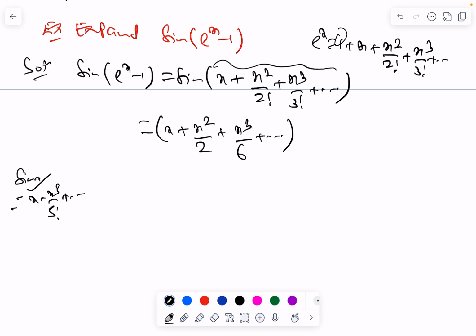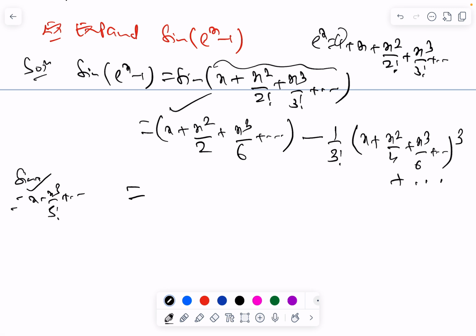Then minus 1 by 3 factorial and x cube. So that is x plus x square by 2 plus x cube by 6, and so on, its cube and so on. Now we collect the terms.